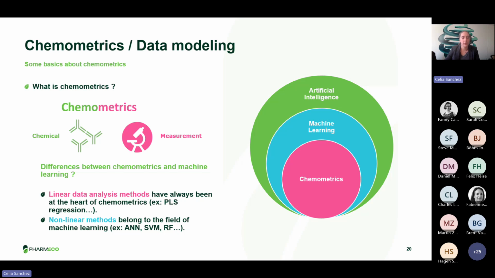Within this field, we have machine learning, which is composed of different linear and nonlinear methods. And within the field of machine learning, there is chemometrics, which is mainly composed of linear data analysis methods. And this is what we want to use for our analysis here.